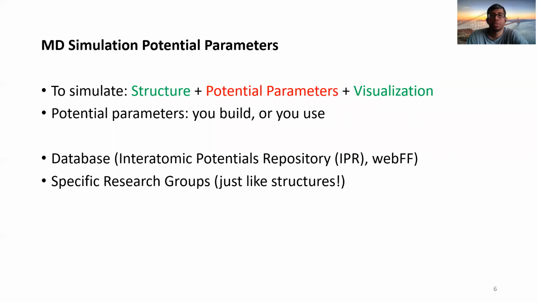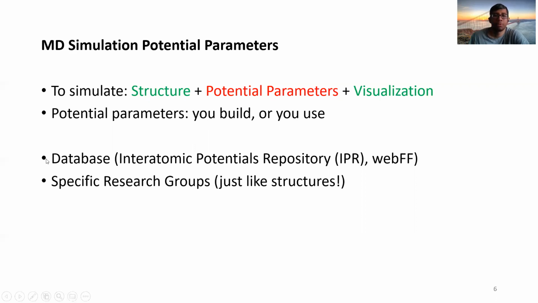The answer is whether you can build those parameters or you use some already determined set of parameters in your system. So it is really easy to use some already pre-built set of parameters in your system if it is available for your particular scenario. If it is not, you may have to build it on your own according to the literature.